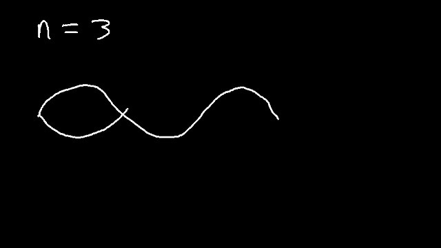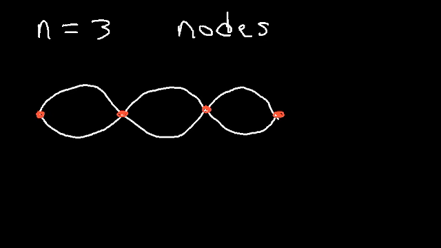Now let's go back to our standard wave pattern. Let's say there's 3 loops. You need to know the difference between nodes and antinodes. These are the nodes. That's where the amplitude is 0. So for 3 loops, notice that the number of nodes is equal to n plus 1.